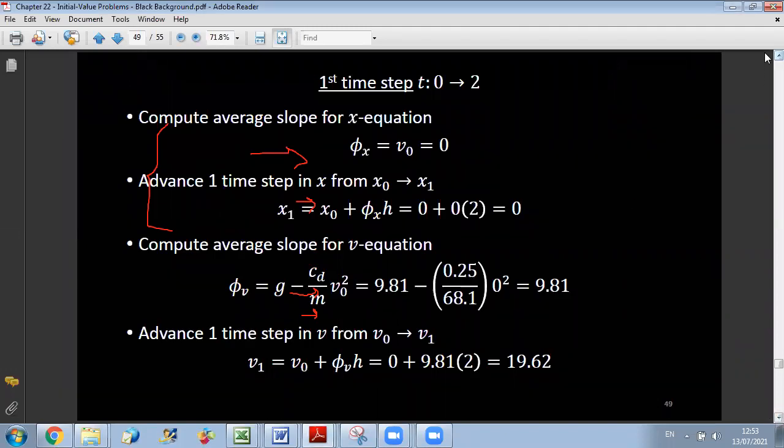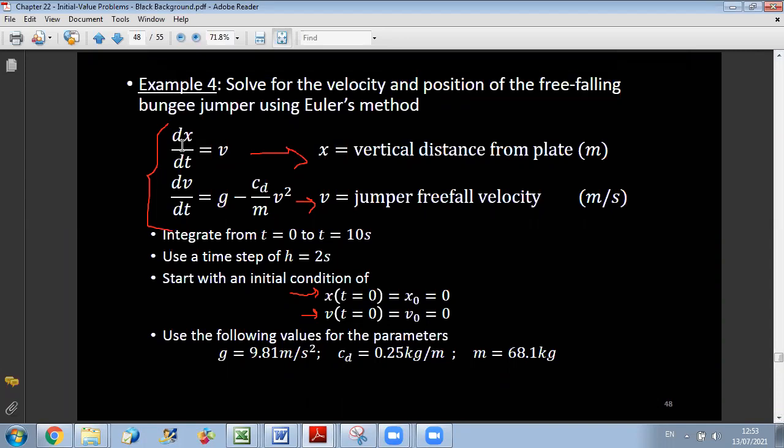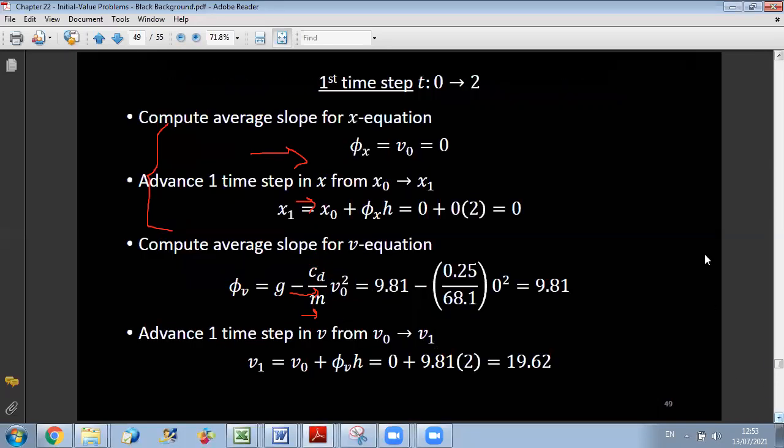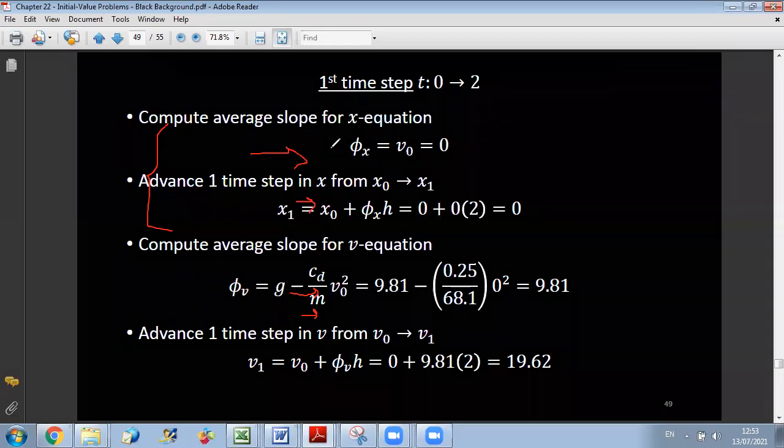So you can keep the order of the equations. Here the first relation is dx by dt. The second relation is dv by dt. Now, to compute the slope for the x equation, you start by saying that dx by dt is equal to v. So I will start with the Euler method.